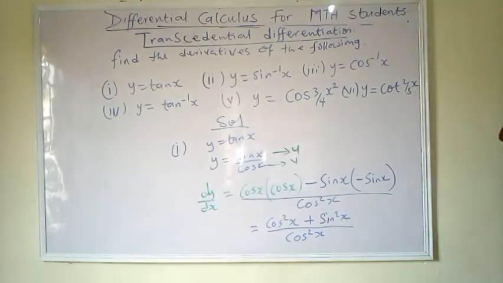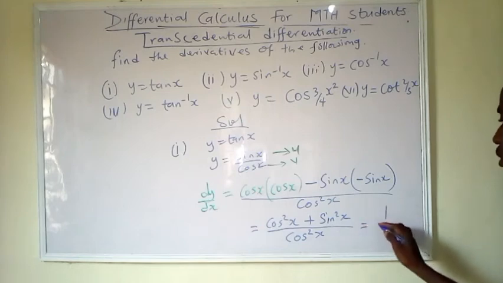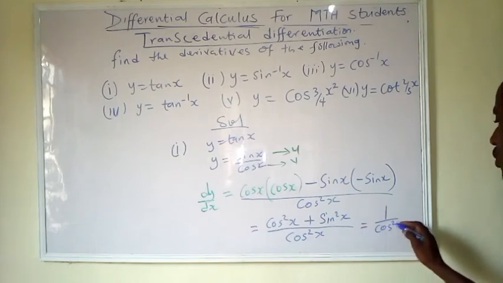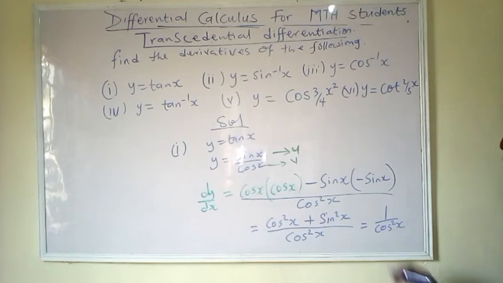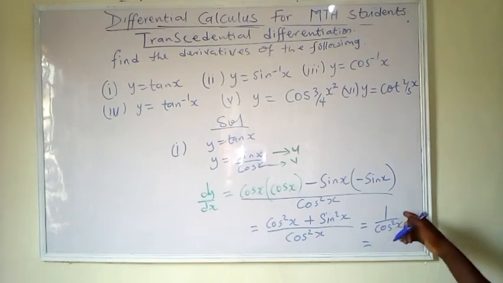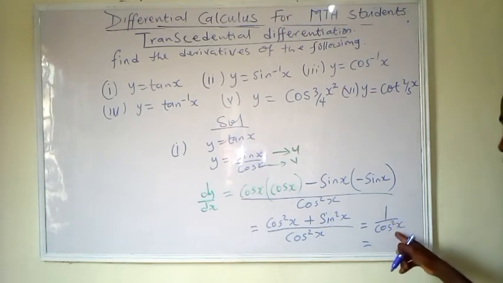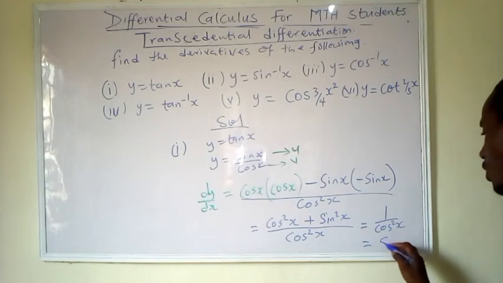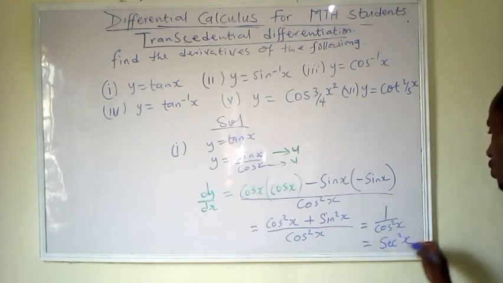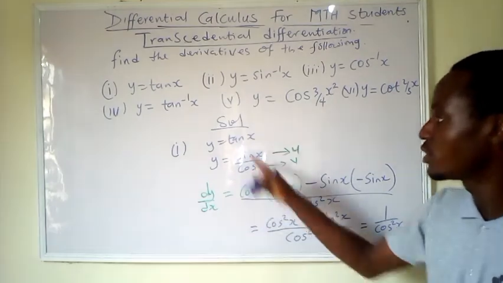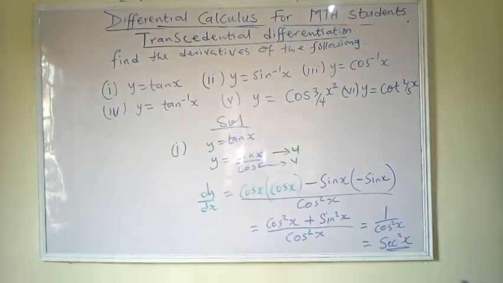From the trigonometric identity, cos squared x plus sine squared x is 1, all over cos squared x. 1 over cos x is sec x, meaning that 1 over cos squared x is sec squared x. So this has proved that the derivative of tan x is sec squared x.